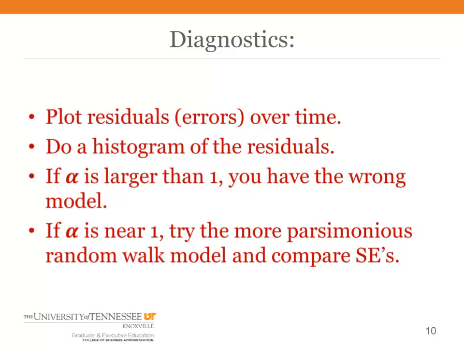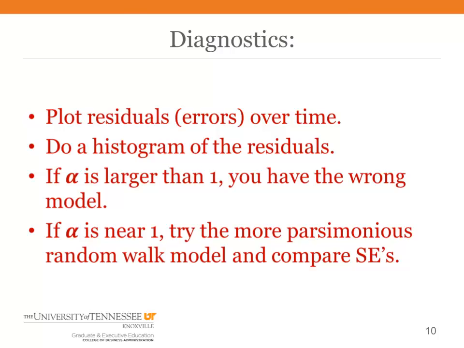So you fit an exponential smoothing model to your data, and you're trying to decide if it's a good model. Some of the things that you would always want to do is plot the actual versus the forecast, like the chart that we just looked at. In addition to that, you would want to plot the residuals or the errors over time.